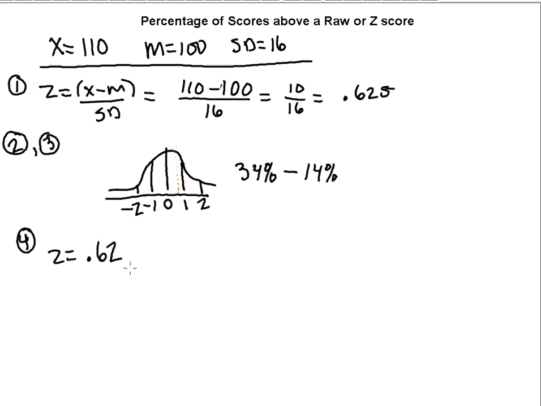And if we use a z-score equal to 0.62, we can look across to the column that says percentage in tail. If we do that, we find that the percentage in the tail, that is, the percentage of people from this dotted line to the right, which is what we're interested in finding out, equals 26.76.